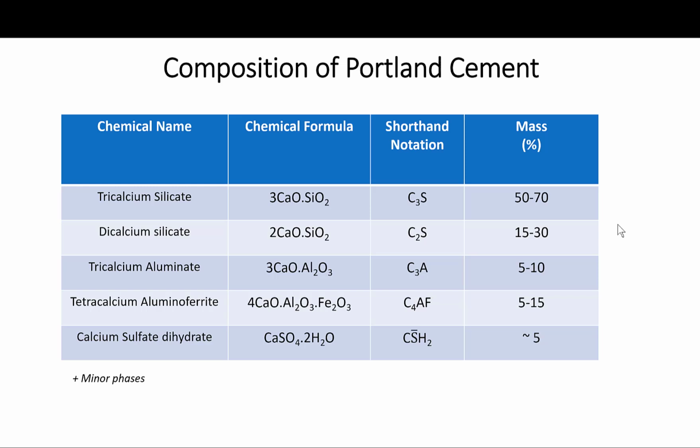We will study its hydration in the lecture on cement hydration. The gypsum, which I said is about 5%, is used to control the set of cement. It reacts with C₃A to prevent the flash set, to allow for mixing and handling of the concrete eventually.